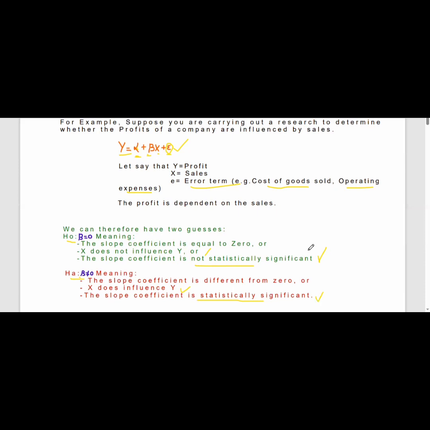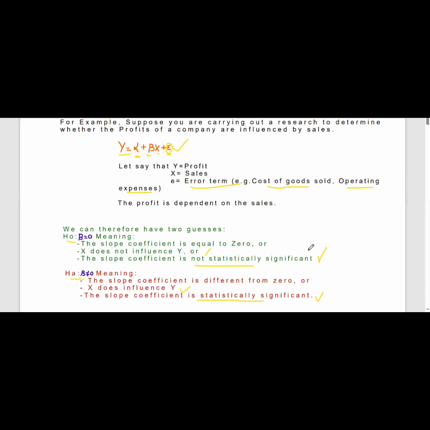You might be wondering how you will know when to reject the null hypothesis and accept the alternative hypothesis if the slope coefficient is statistically significant.